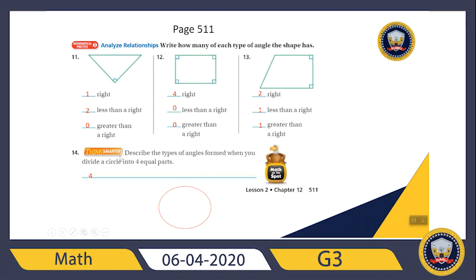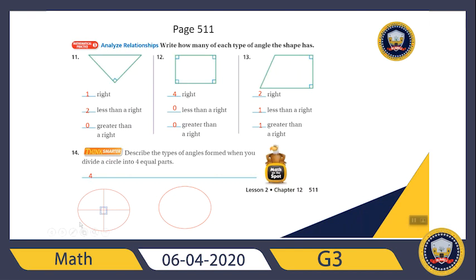Very good. Let's describe the type of angle formed when you divide a circle into 4 equal parts. Here is our circle. If we divide it into 4 parts, how many angles can you see? That's right.